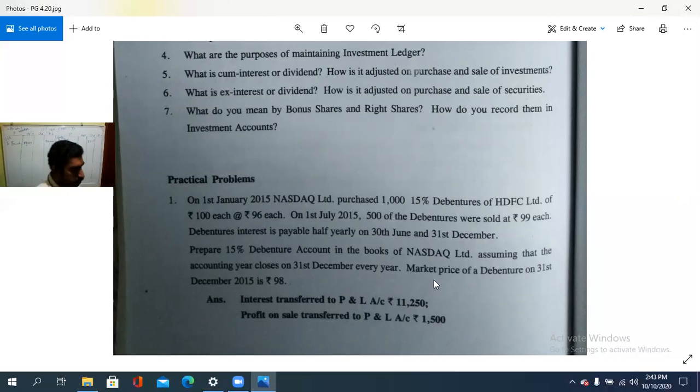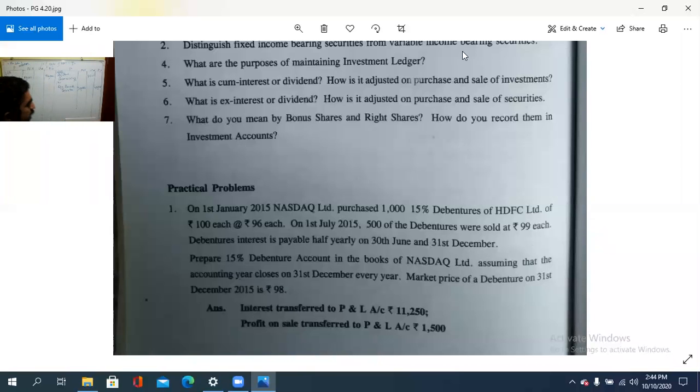Isn't it? So 500, so it is 50,000, then 49,500.